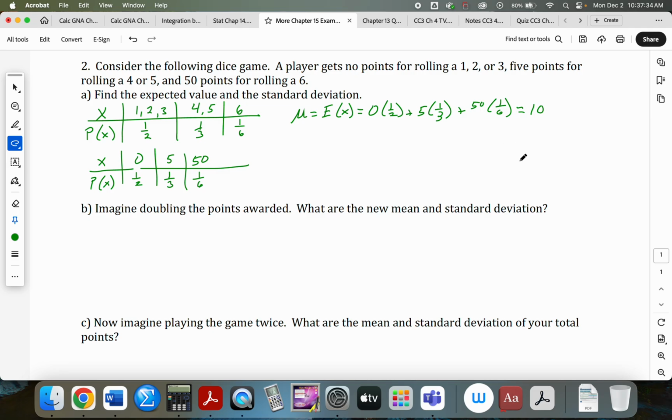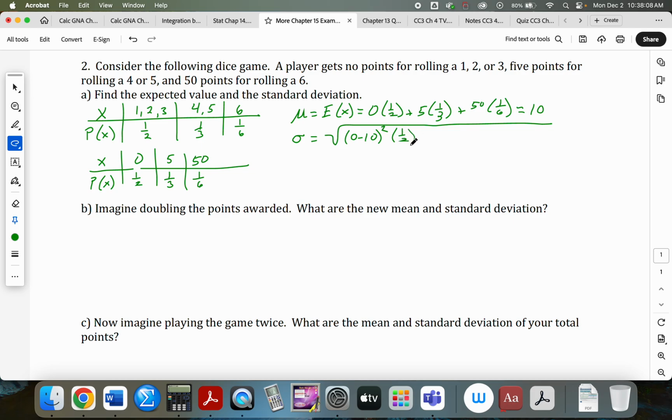All right, and so then we need to figure out our standard deviation. So our standard deviation is going to be the square root of the difference between our x value and our expected x, and it doesn't matter which order you do them in because you're going to square it, multiplied by the probability of getting that.